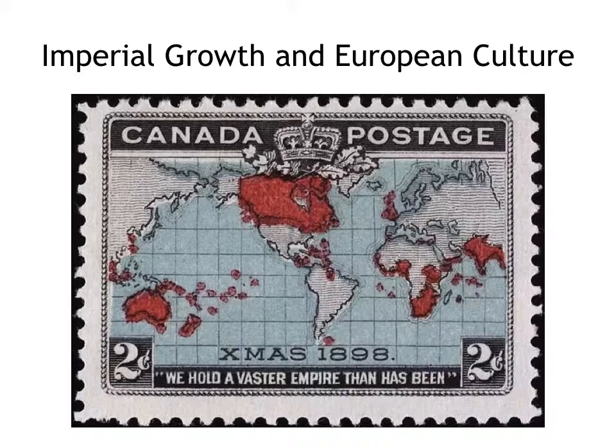And imperialism around the world certainly did little to create humility on the European continent. The postage stamp in front of you here is part of the sort of hubris of Great Britain by the end of the 19th century.